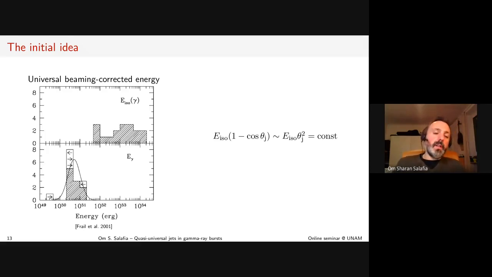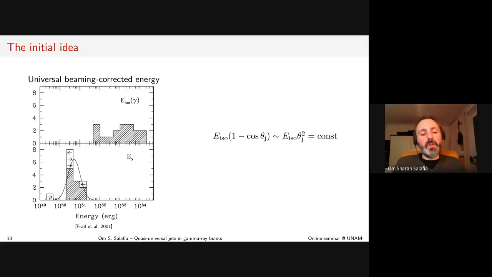But the observed clustering in the energies, when you collimation correct them, could not be the result of this. What one must take into account is that this clustering nowadays is much less narrow. It was more a coincidence, let's say.